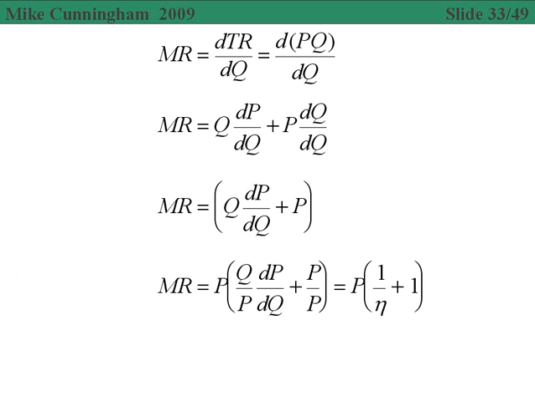Now comes a clever bit. If we take P outside of this bracket, so we're going to multiply everything inside by P. If we do that, we have to divide by P. If you divide inside by P and multiply by P on the outside, it won't make any difference.